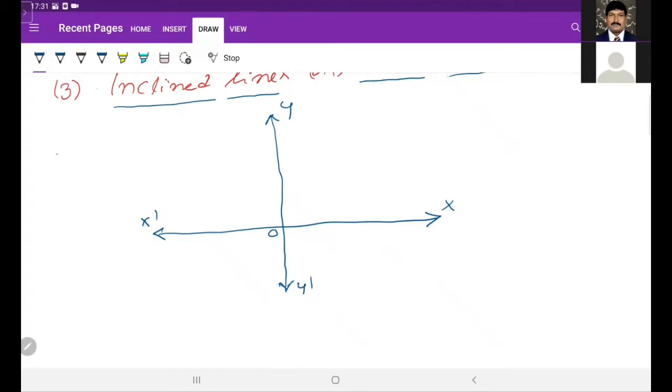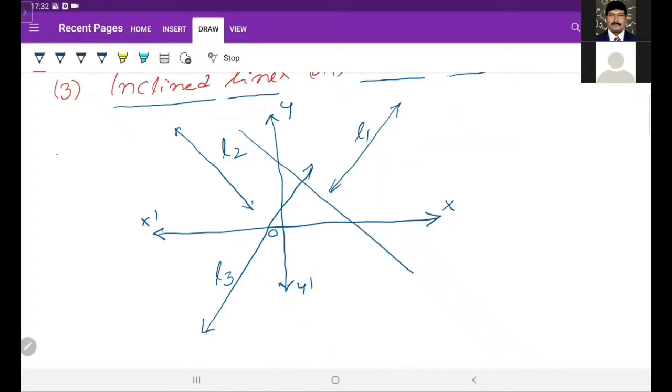So this is one line, L1. This is another line, L2. Not only in this way, it is also line 3. Okay. It is also line 4.